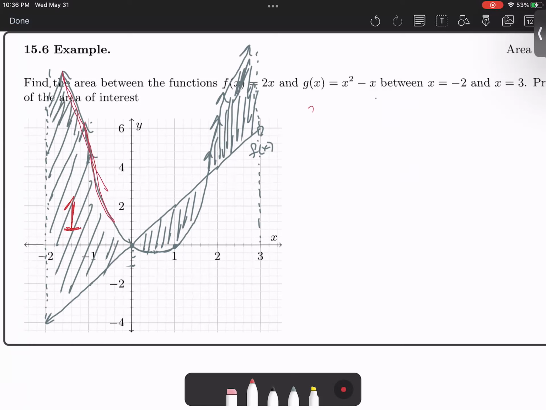So for area 1, that is going to be the integral from -2 up until they cross, so at 0. And it's the square function that's on top, so it's the g of x minus f of x, right? That gives me these lengths, right? The value of g of x, which is the square function, minus f of x, the straight line.